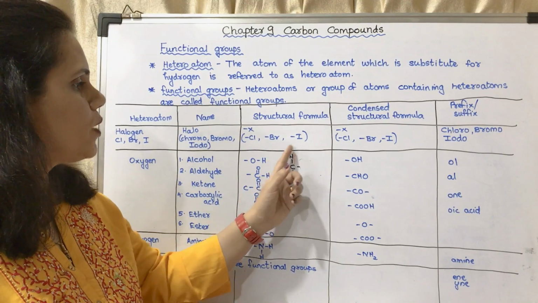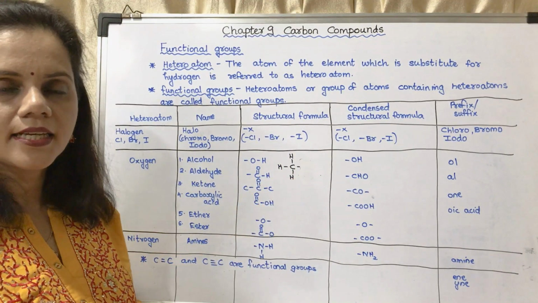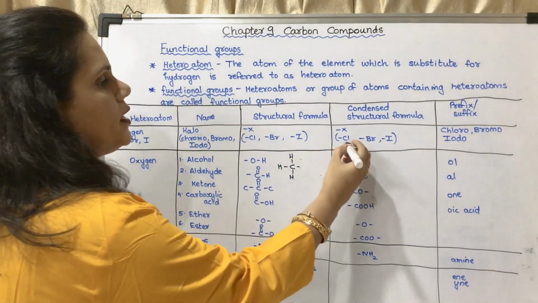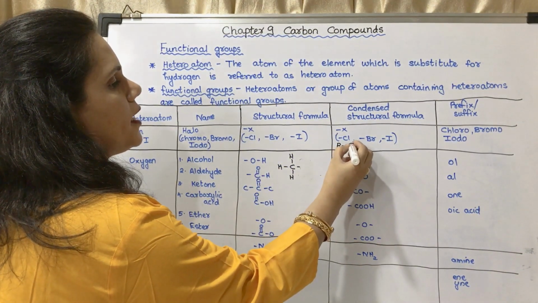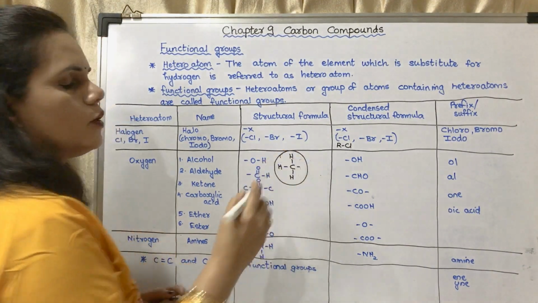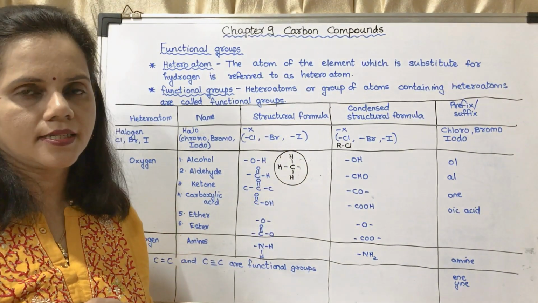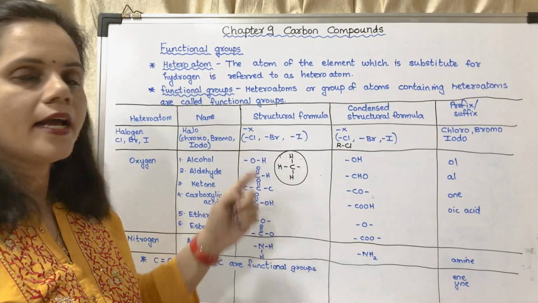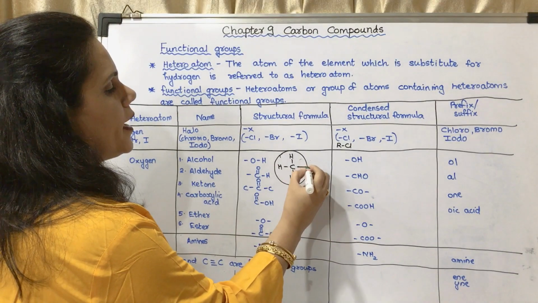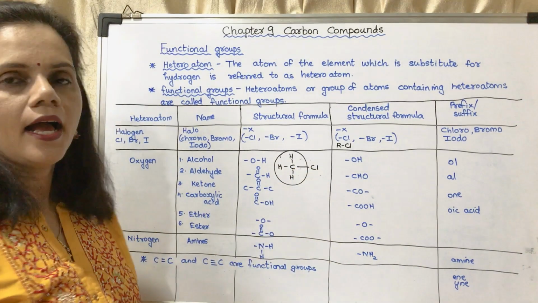That means on one side this is CH3 or whatever it is. It is taken as R. It will be RCl. Now R means this group which is present on the other side of that particular heteroatom. So here this is the group and to this Cl is added.